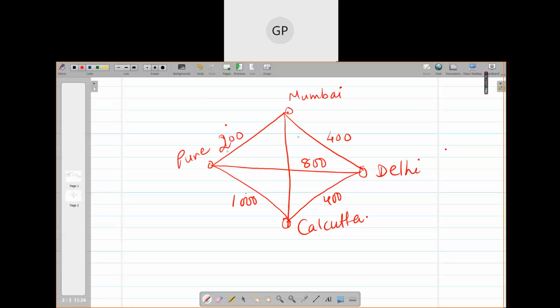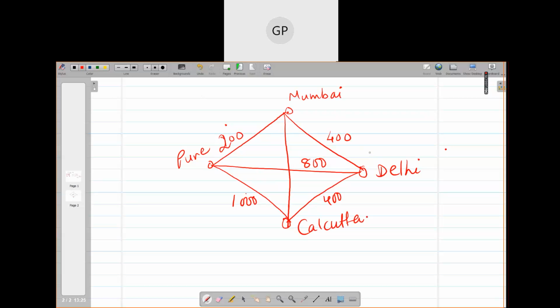So how should he plan his itinerary so that he travels the minimum distance and visits each and every city exactly once? He need not travel across every route.